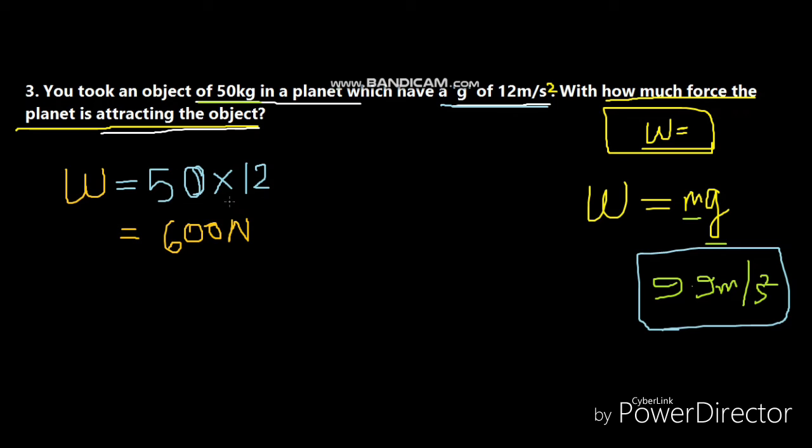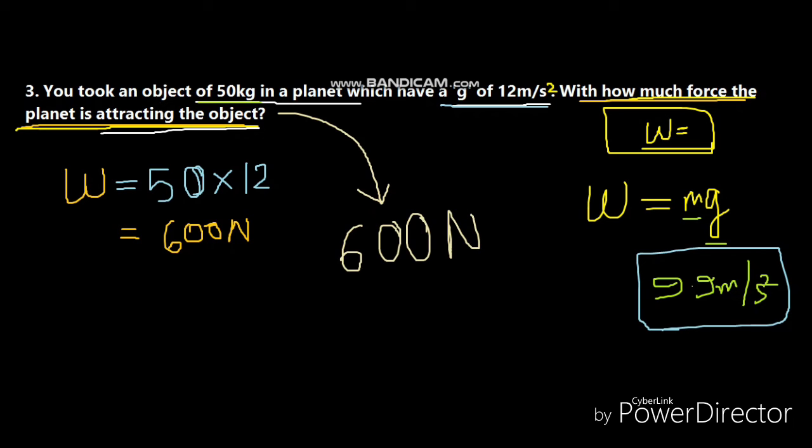So this is the answer to this question: with how much force the planet is attracting the object, the answer is 600 newton. And this is the final answer of the question.